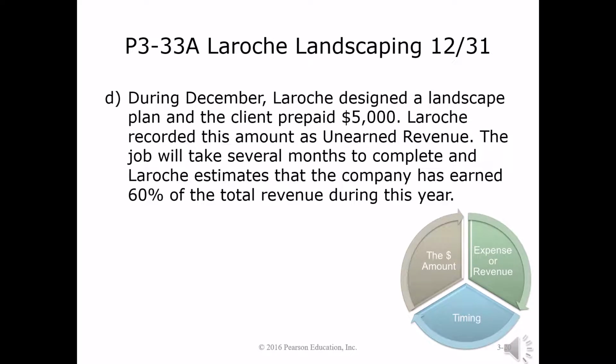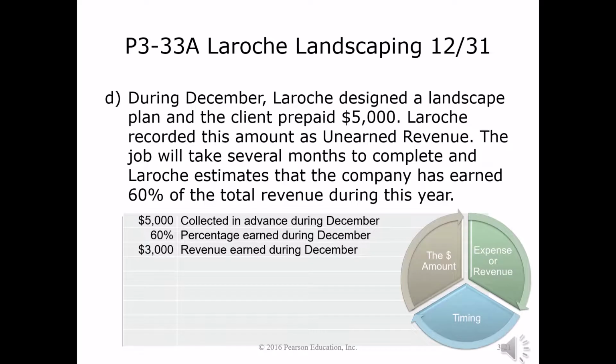The timing tells us that 60% of the project was completed at this point in the year. If 60% of our obligation has been met and we have earned 60% of the unearned revenue, we want to transfer the earned amount out of our unearned revenue account and into our service revenue account. That would be 60% of $5,000 or $3,000.